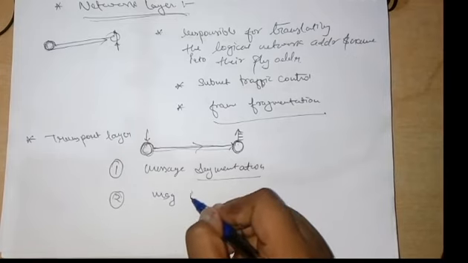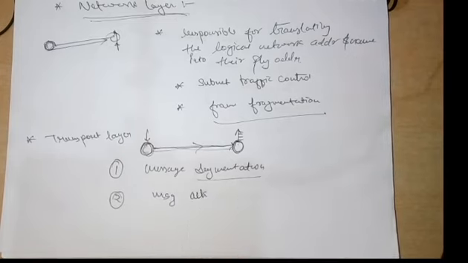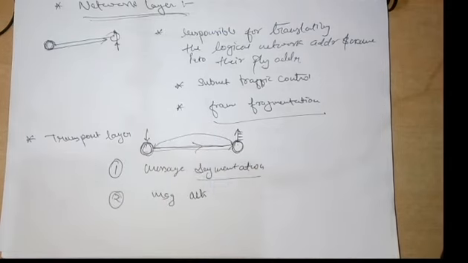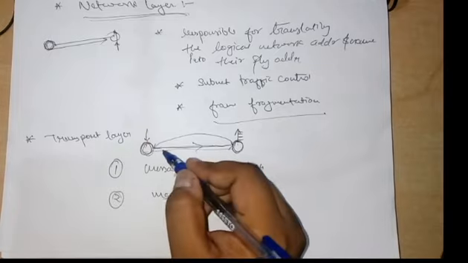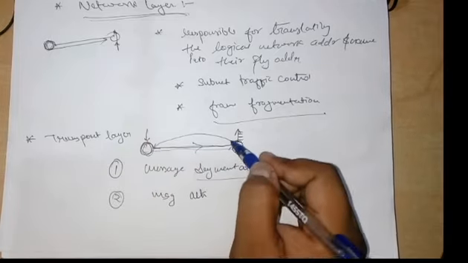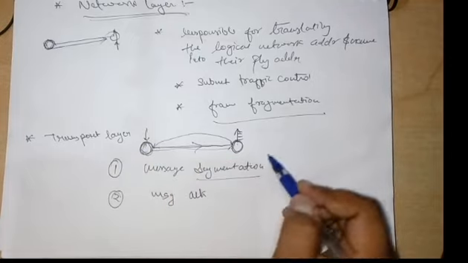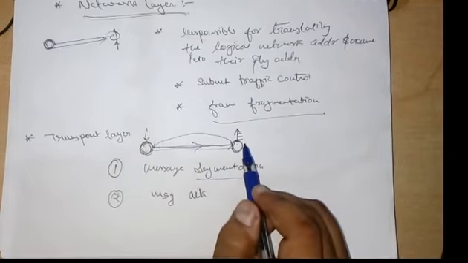Then message acknowledgement. The system has to send feedback that it has received the message. If it does not send the feedback, then the sender sends the message again until the feedback is sent.